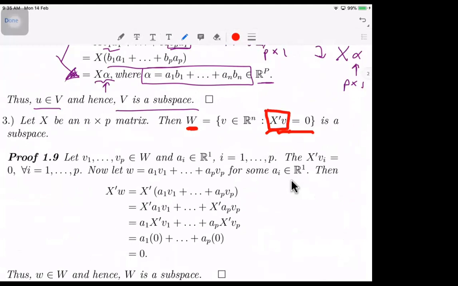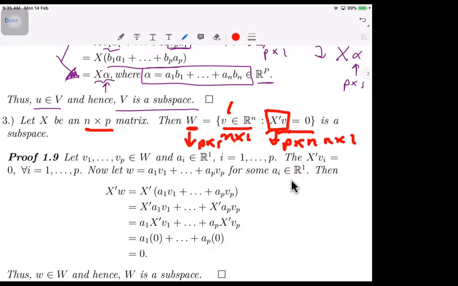So let us say V here is n by 1, and X here is n by P. So X prime here will be P by n, and V is n by 1. So the vectors in W will be P by 1 vectors.